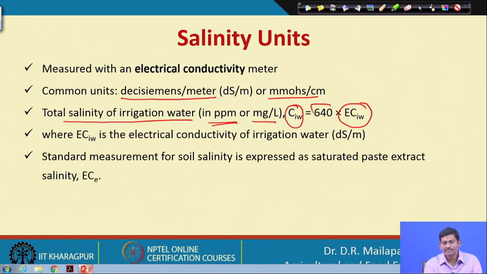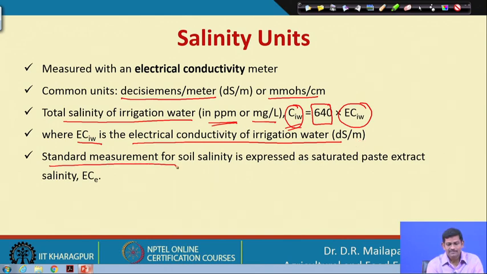If you multiply the electrical conductivity by 640, you can get the value as concentration. The 640 may vary from region to region, so roughly you can use it, but to adjust this you have to do some trials. In this equation, EC_IW is the electrical conductivity of irrigation water, in decisiemens per meter.